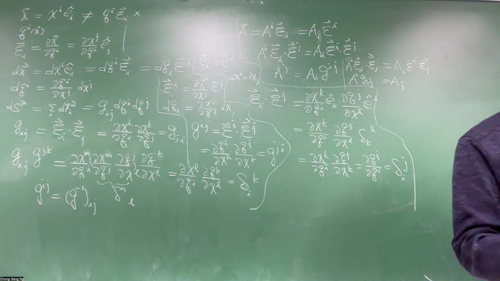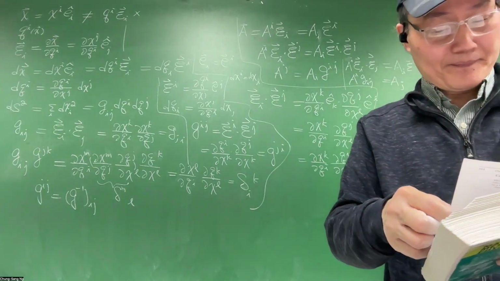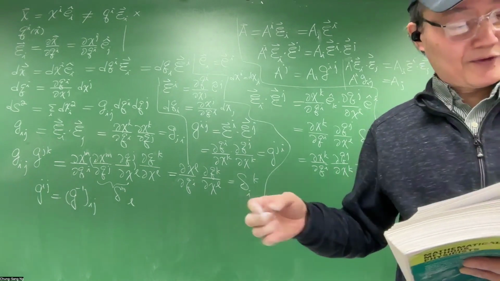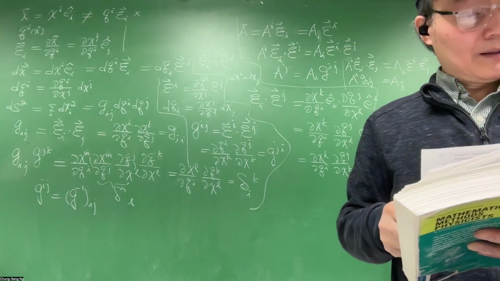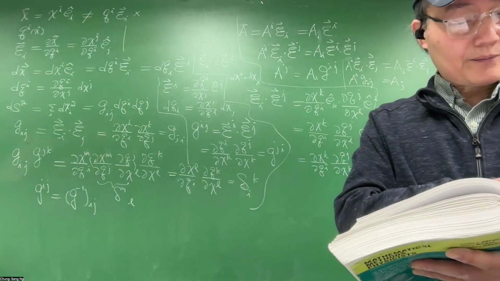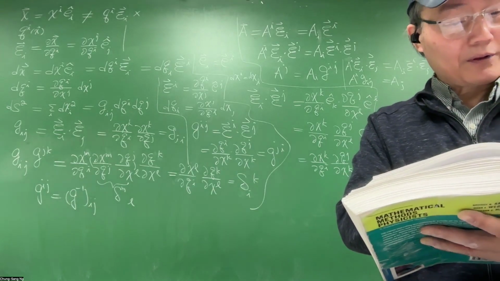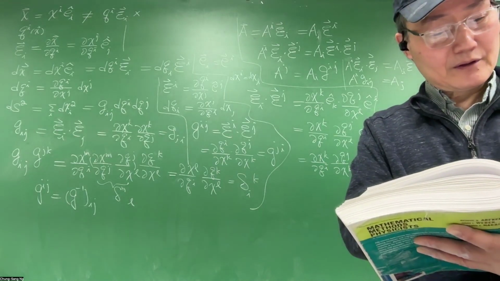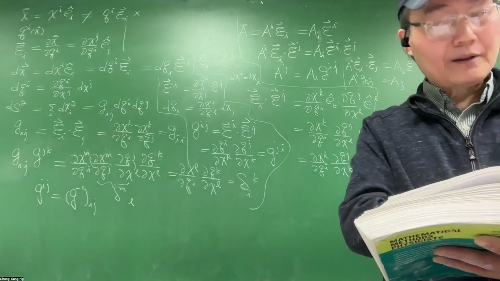That is very convenient in doing all these tensor things, and we will use that in some of the discussions right away. I think that's covered in the next part of the textbook. So I think I covered all the equations from 4.44 to 4.47. I covered everything.